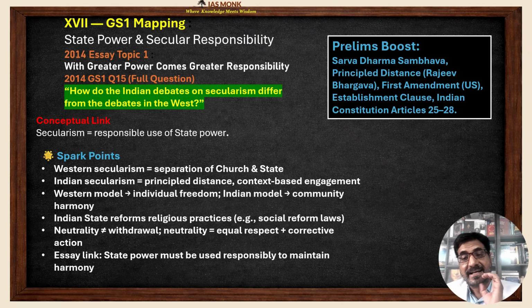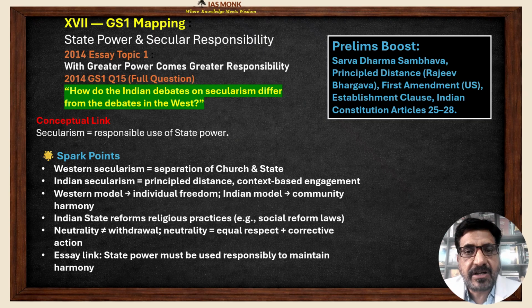responsibility. Indian debates on secularism differ from Western debates because of historical experiences, social diversity, and the role of the state; these are the fundamental differences. Western secularism emerged from conflicts between church and state, leading to a model of strict separation.